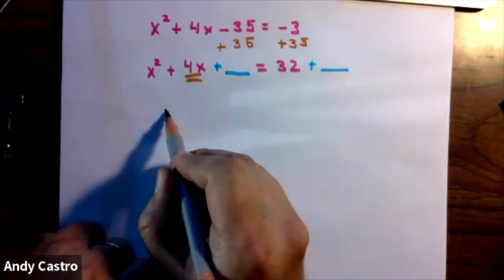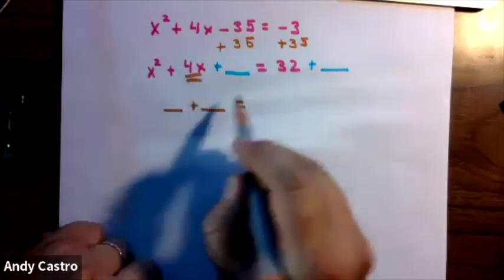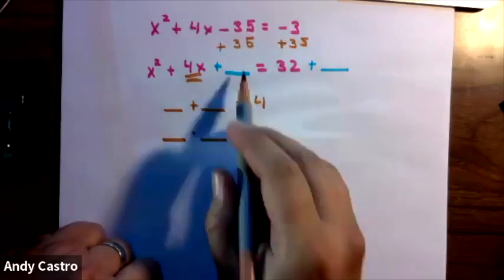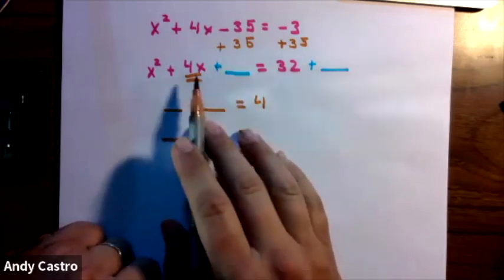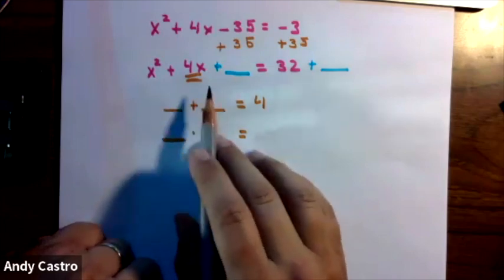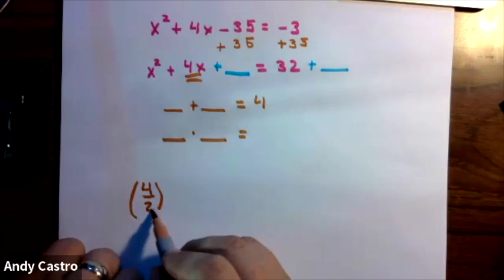So two things. It's always good to remember why we're doing what we're doing. These two things add together to give me 4, and those have to be the same two things that multiply to give me this number. Now, in order for it to be a perfect square, they have to be the same number here and here. That's why we do 4 divided by 2.